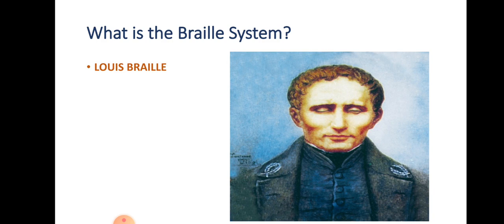He developed and published it in 1821. Children, the present system was adapted in 1932. And there is a Braille code for common languages, mathematics and scientific notation. Many Indian languages can also be read using this Braille system.